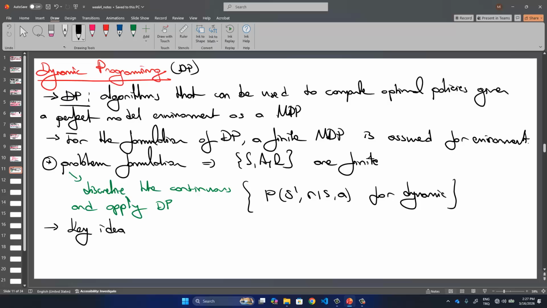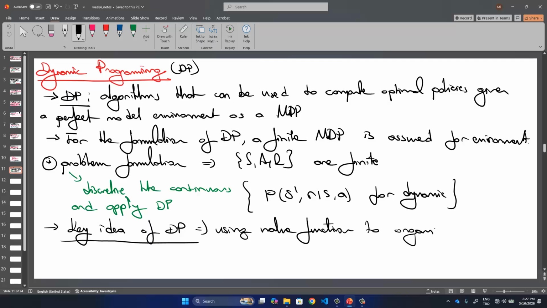Key idea of DP. What is the key idea, Emir? Using the value function, this is important, to organize and structure for a good policy. So, we have the states and the actions, okay?